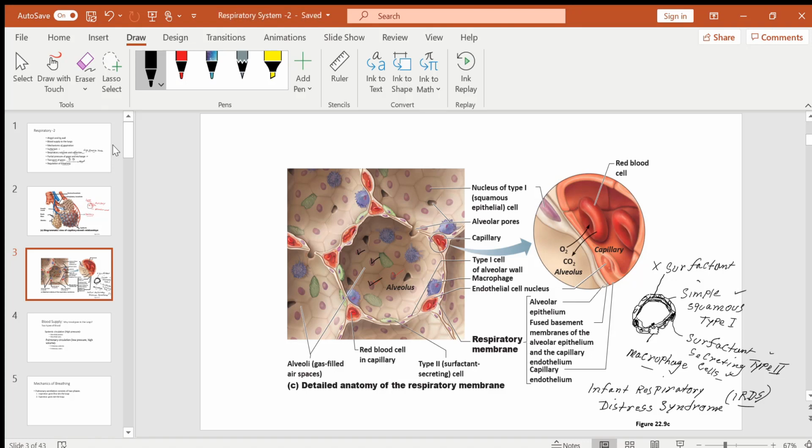Now, if the wall of the alveoli is destroyed, that is a clinical condition. Destruction of the alveolar wall is called emphysema.